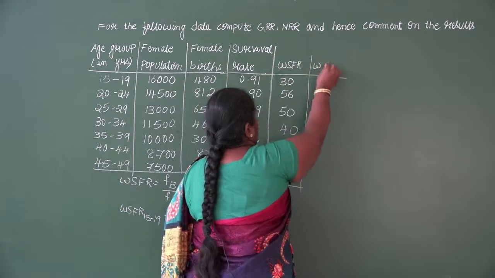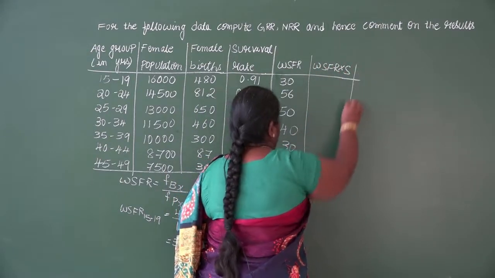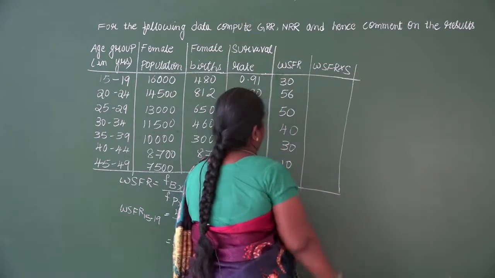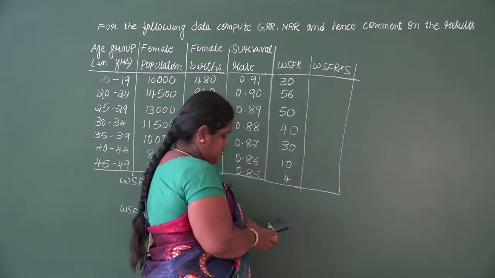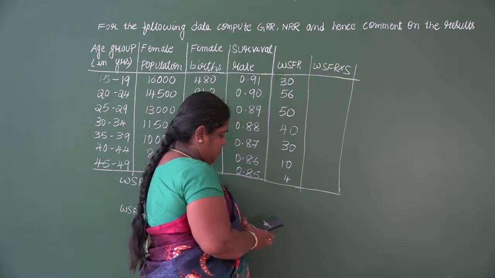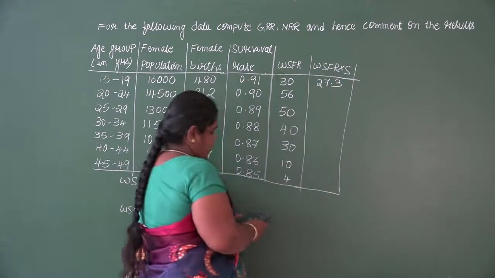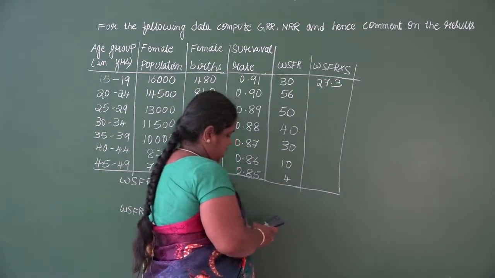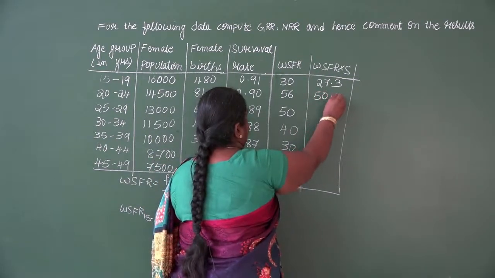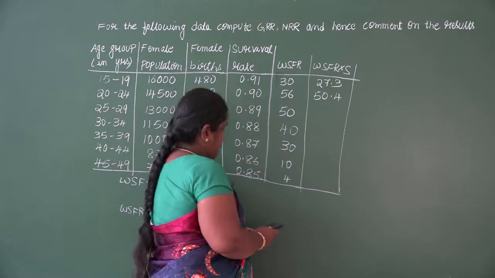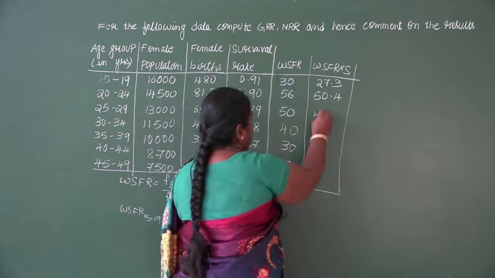Next, we have to multiply WSFR and S. So the first one is 0.91 into 30. So 0.91 into 30 will get 27.3. Next 0.9 into 56, 50.4. Next one 0.89 into 50, 44.5.